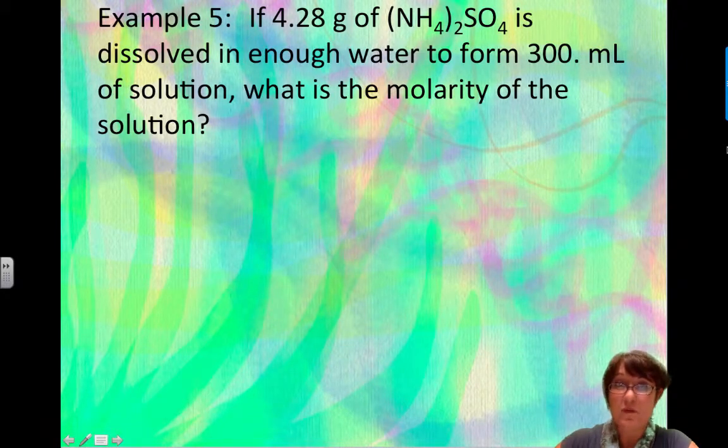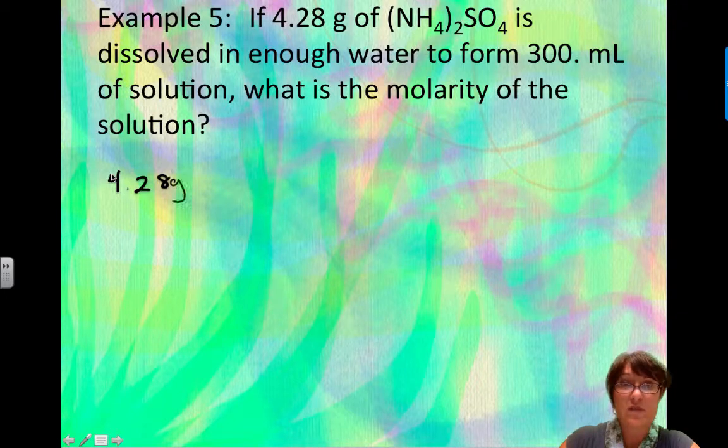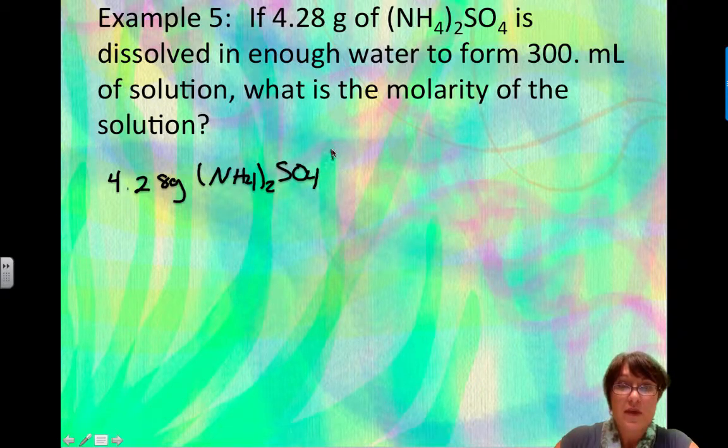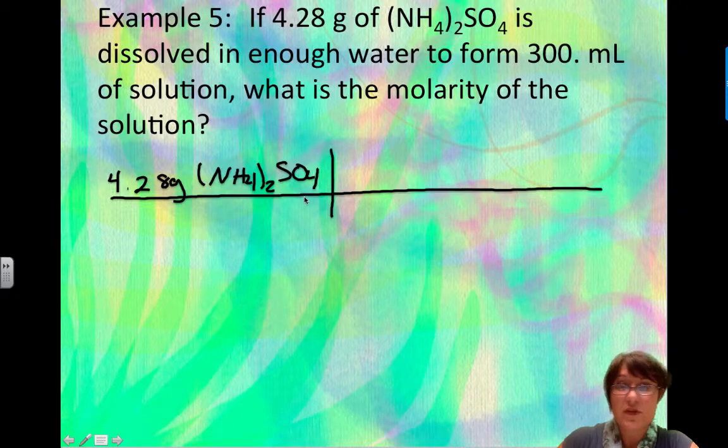Well, remember we need moles per liter. So I start with my 4.28 grams, and this is ammonium sulfate, (NH4)2SO4, and we're going to turn this into moles, and then I'm going to show you a little shortcut. Okay, so my molar mass of ammonium sulfate is 132 grams per mole.